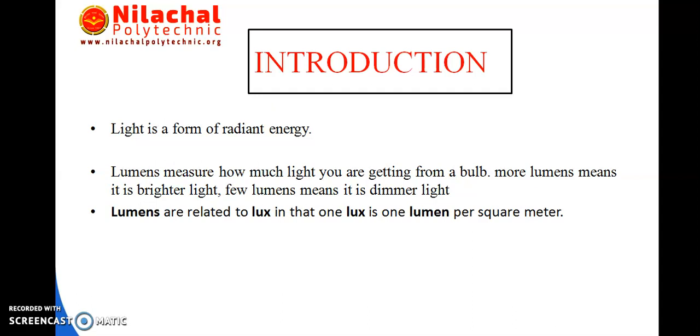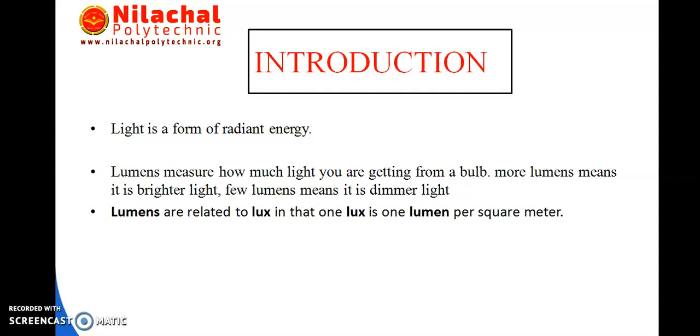More lumen means a brighter light; fewer lumens means a dimmer light. Lumens are related to lux. What is lux? 1 lux is 1 lumen per square meter.